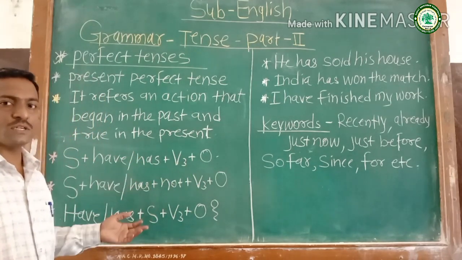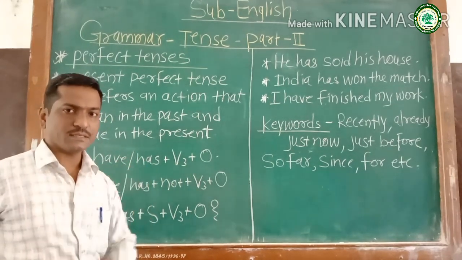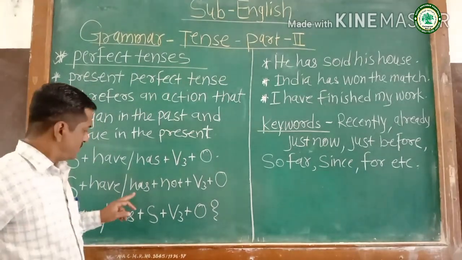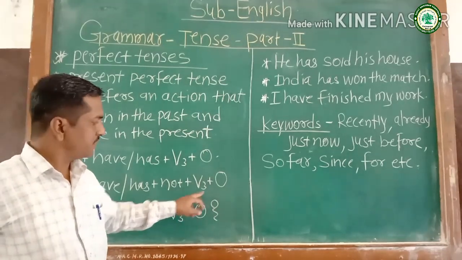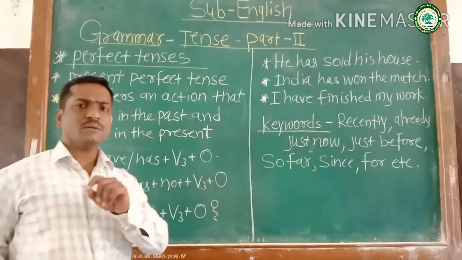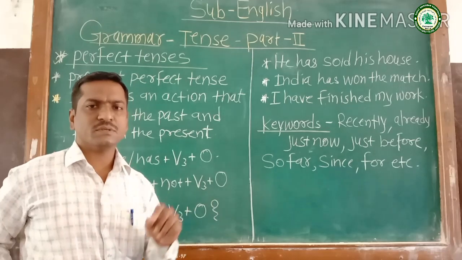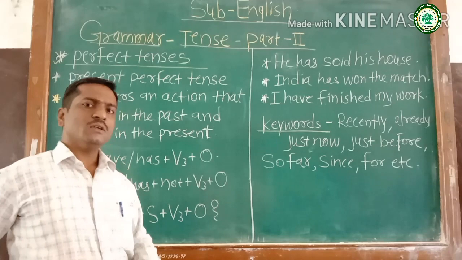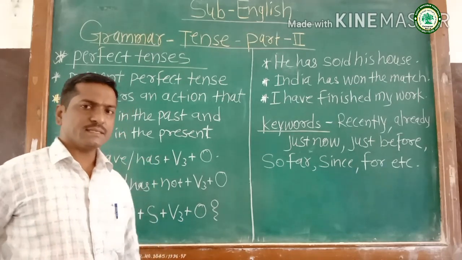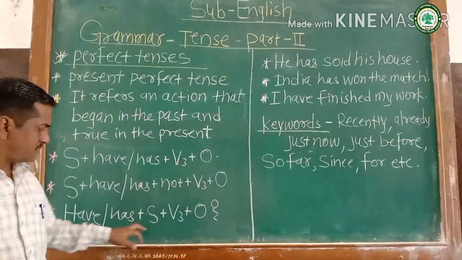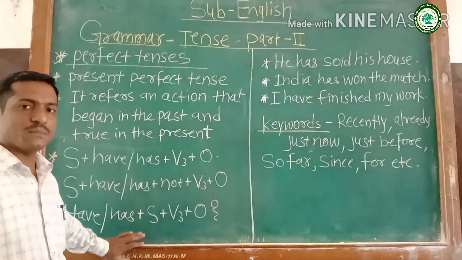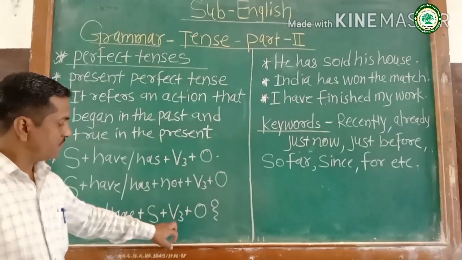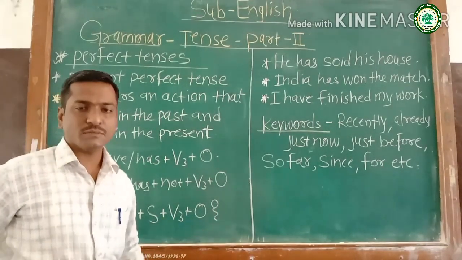The negative structure is subject, have/has plus not plus V3 plus object. Sometimes we have to write a question structure, so we should know it. The question structure of present perfect tense is: have/has comes at the beginning, then subject, then V3, then object and question mark.